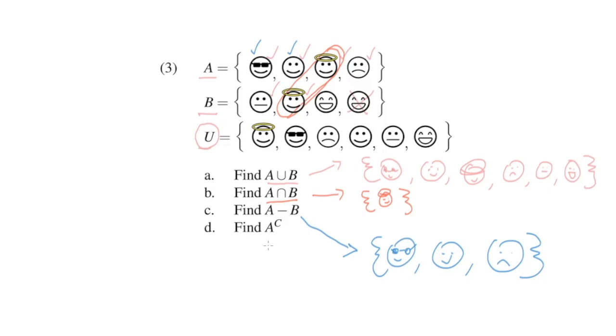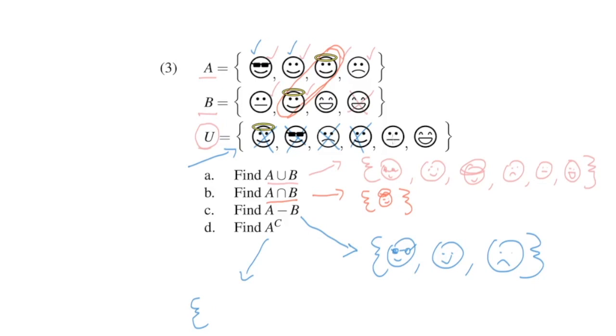And finally, we have the complement of A. Okay, so the complement of A will be all the elements in the universe, right? All the elements in the universe which are not in A. Okay, so let's just go through the universe. We've got the angel. The angel is in A, so it won't include that one. Cool is also in A, so we won't include that one. Frowny also in A. Smiley also in A. So a lot of them are in A right now.